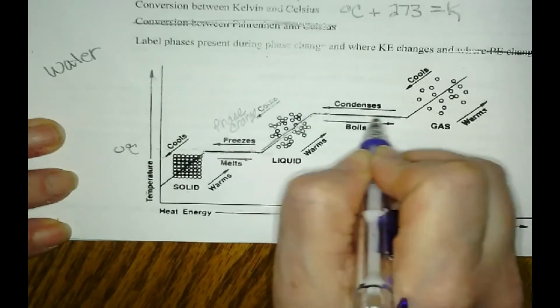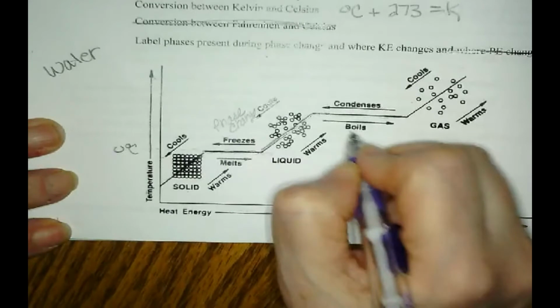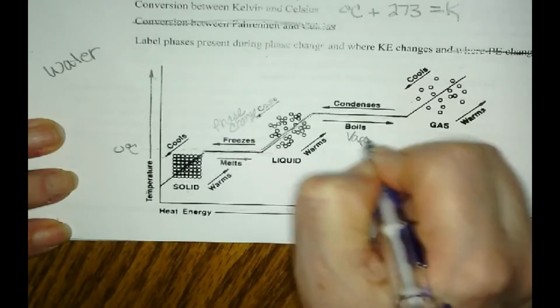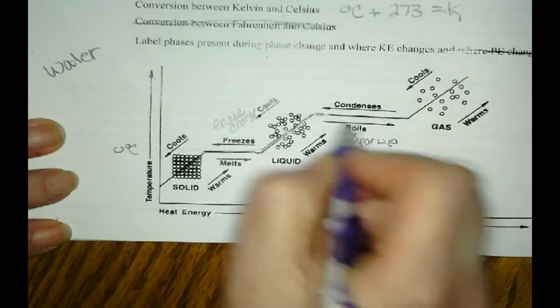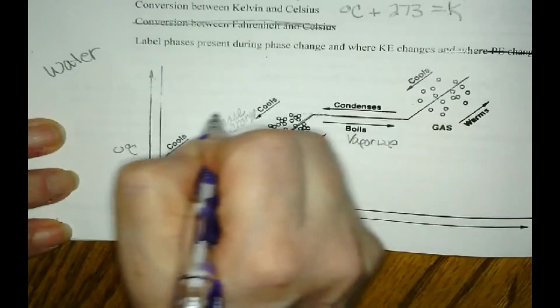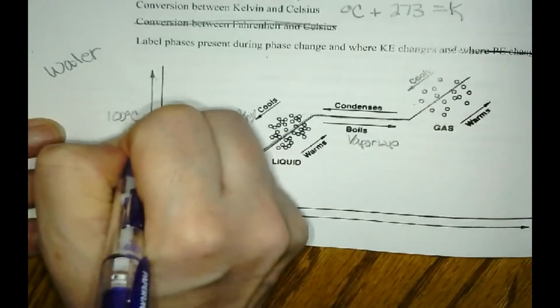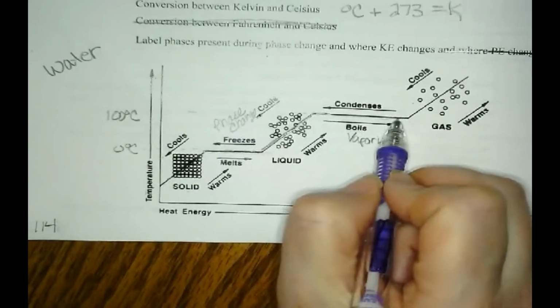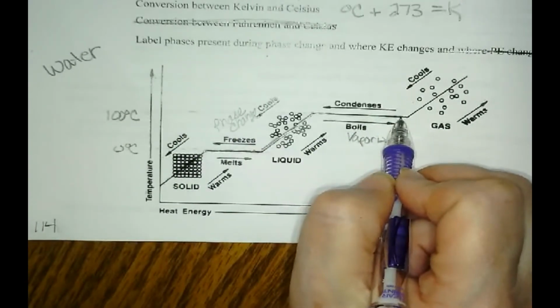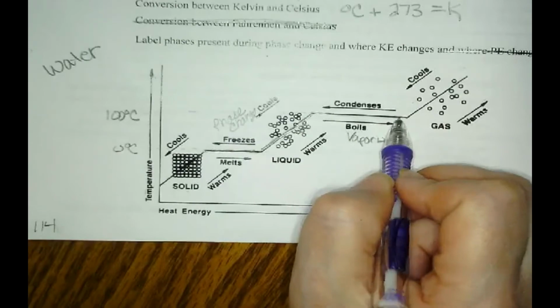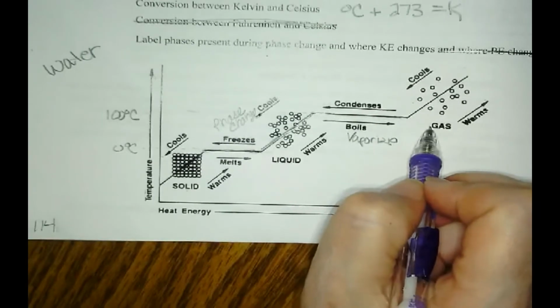And here, I'm going to condense or boil. We're going to call this vaporize, because this is vaporization. And what temperature does this happen for water? Well, water boils at 100 degrees C. Here's another phase change, okay? I'm going from a liquid to a gas.